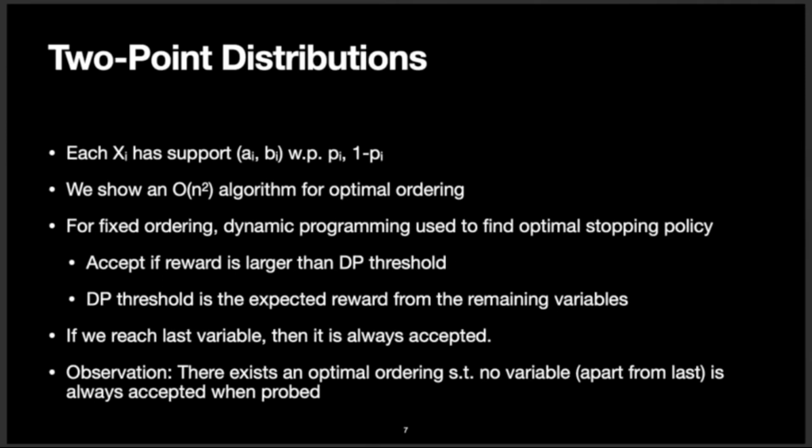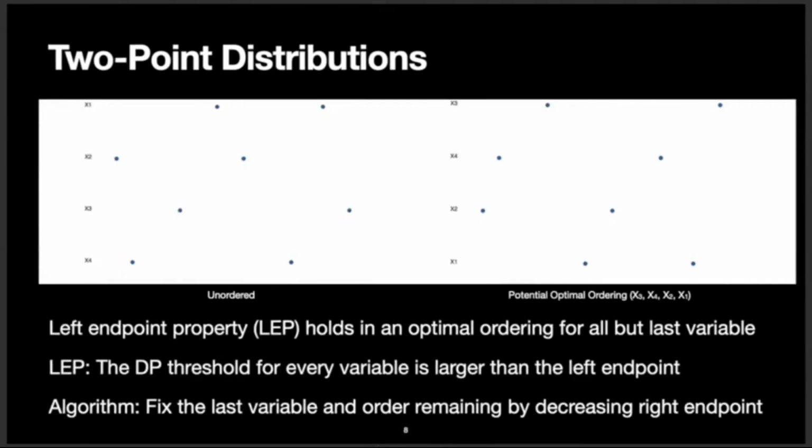We use this observation to get a property called the left endpoint property. This property holds in an optimal ordering for all the variables except for the last variable. What this property says is that the DP threshold for every variable is larger than the left endpoint. And this holds for 2-point distributions.